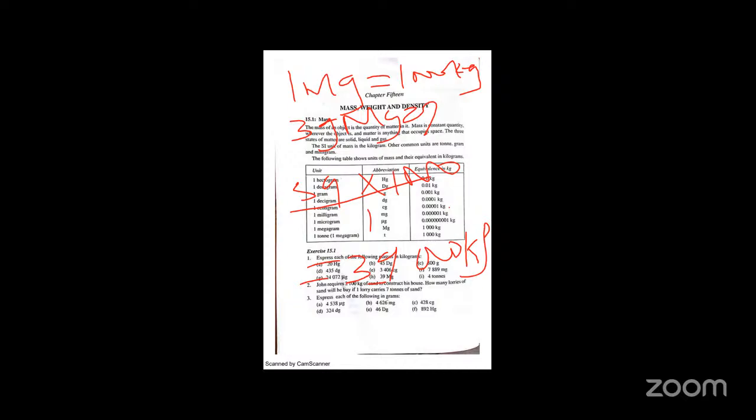You need to also note the symbols for each unit of representation. As you can see here, the megagram and milligram have the same symbols except for the presentation, whereby megagram uses capital M and G, and milligrams uses small m and small g.